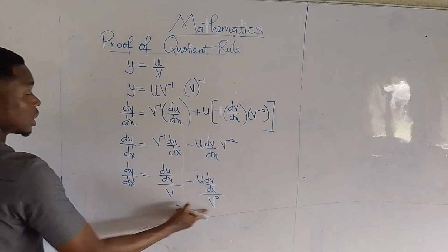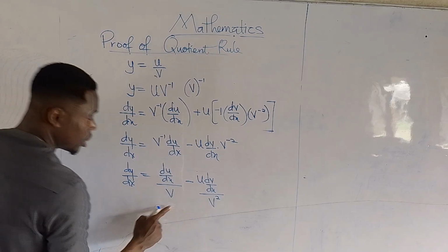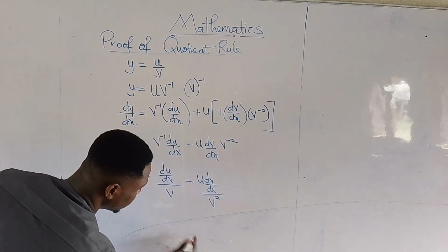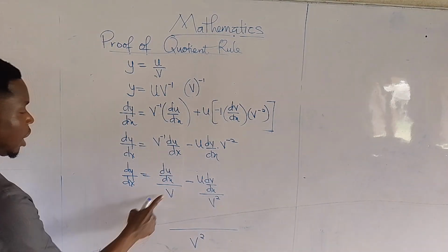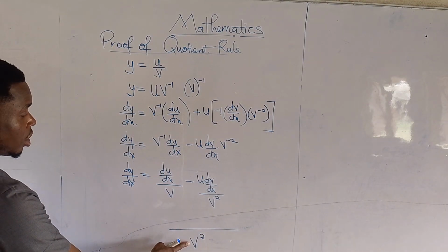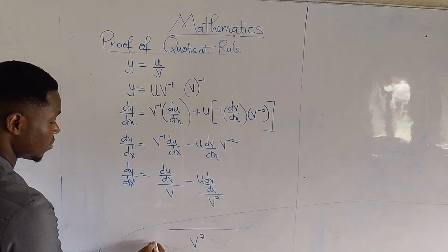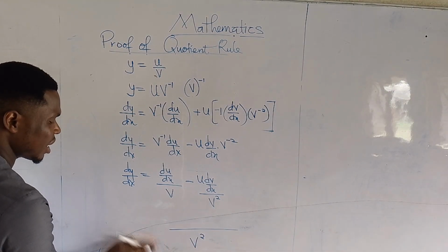Okay. So we need what? The LCM. The LCM is what? The LCM is v squared. Now v will go here. We have this, the v squared is v multiplied by v. So this v will cancel one. So we are still left with v.